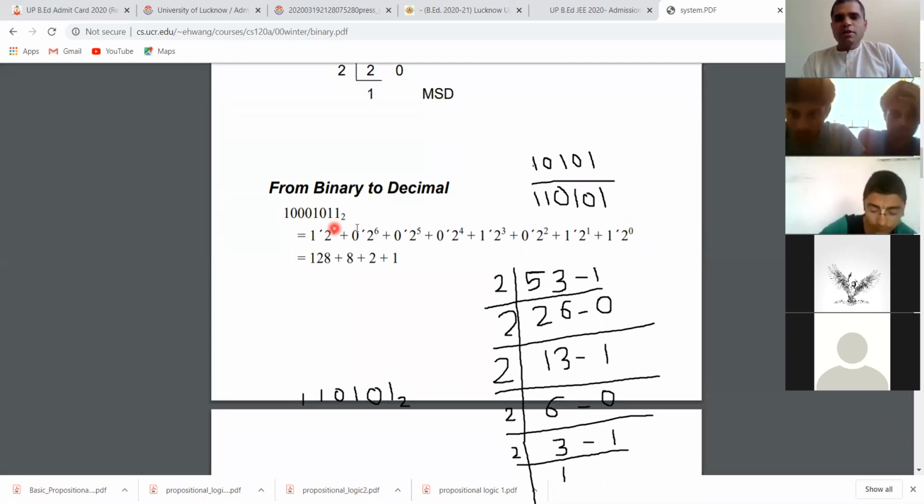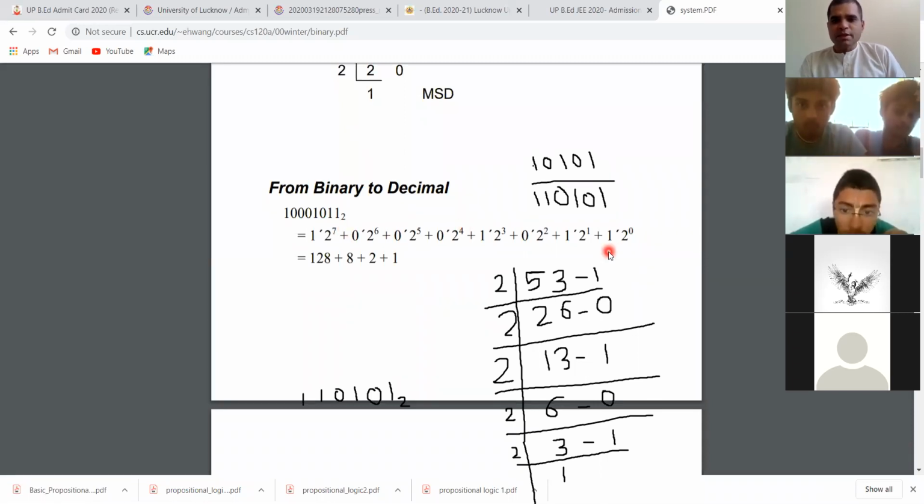So how is it done? From the right side we take the numbers. The right side number is 1, and we multiply it with 2 to the power 0. We start with 2 to the power 0.